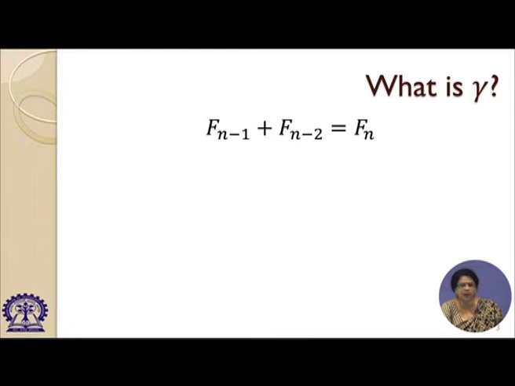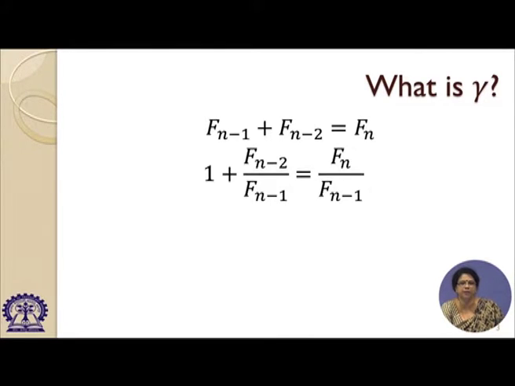If we do some simplification here by dividing by f(n minus 1), we can see that 1 plus f(n minus 2) divided by f(n minus 1) is equal to f(n) divided by f(n minus 1). What is n? n is the number of experiments we considered in the Fibonacci method. Now, as I said, in the golden section method this n is not given to us.